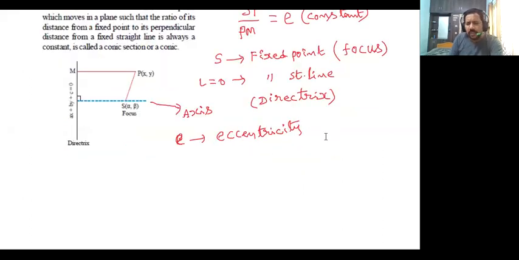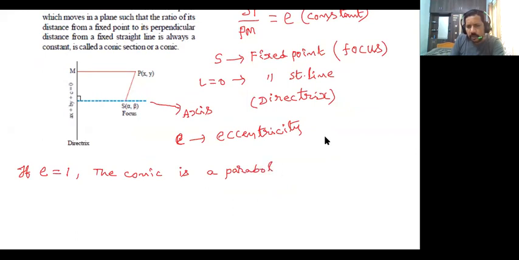Now, by observing the eccentricity, we will say which type of curve the conic is. If eccentricity is equal to 1, the conic is a parabola.